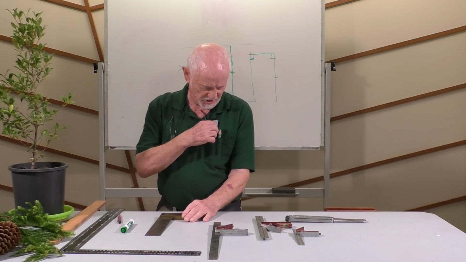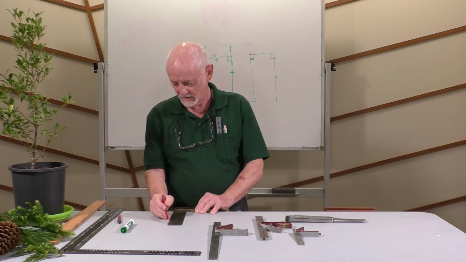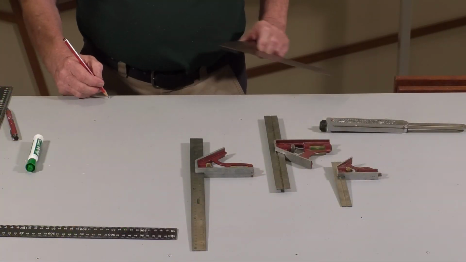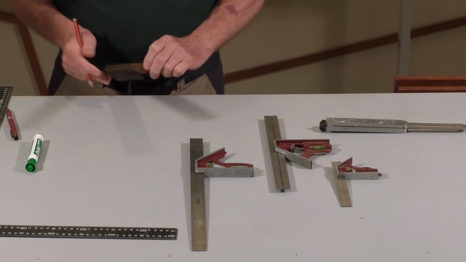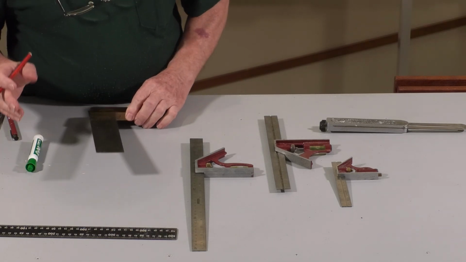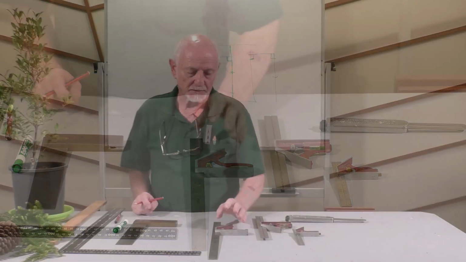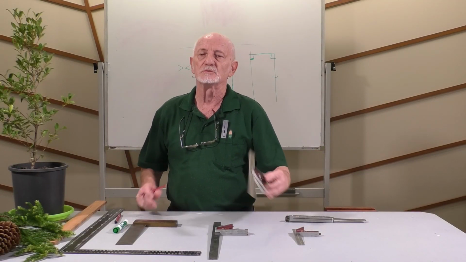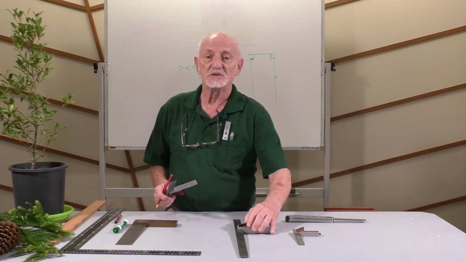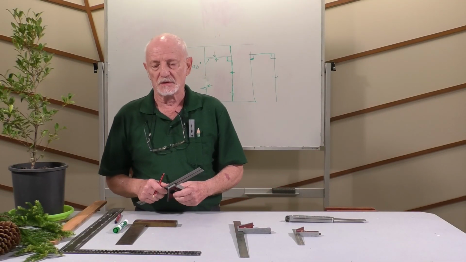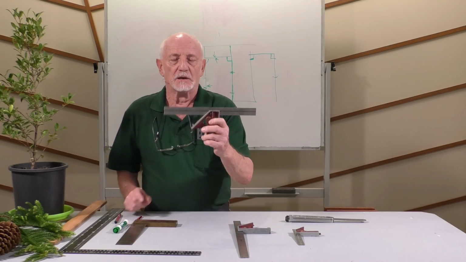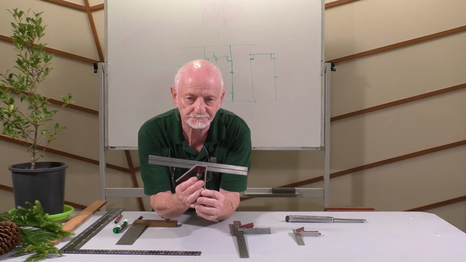You put that on the edge and then just draw a line, and this corner is perfectly square, as in 90 degrees. Now, the other one that we use as chippies or tradies is what they call a combination square.